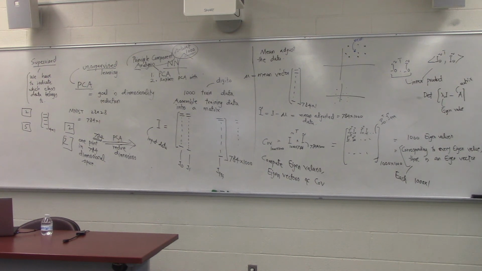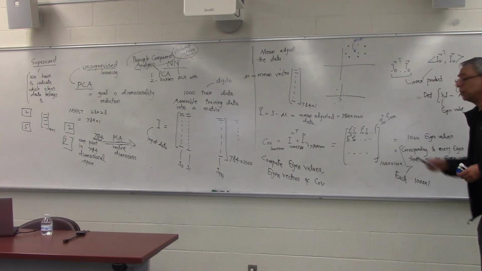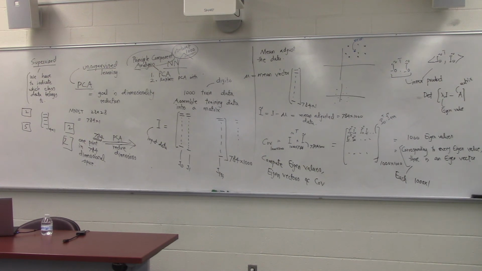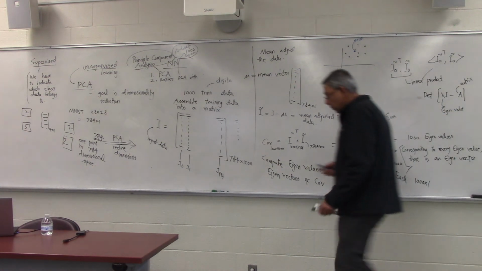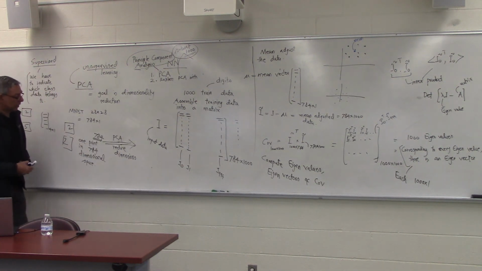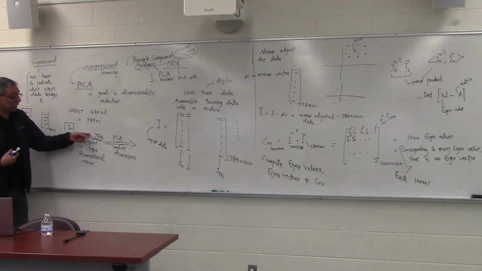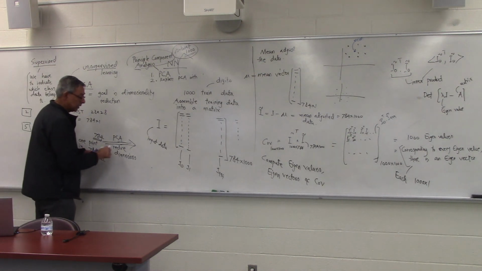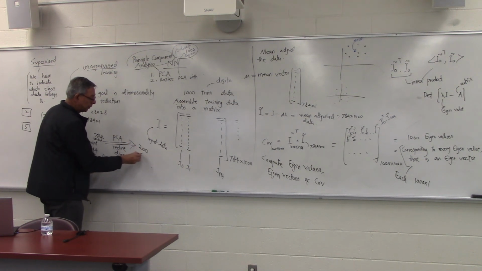Now suppose our goal was to reduce the 784. Let me go back to my original goal. The original goal was we are given a 784 dimensional space. We wanted to reduce it to a 200 dimensional space. Suppose that was the goal.